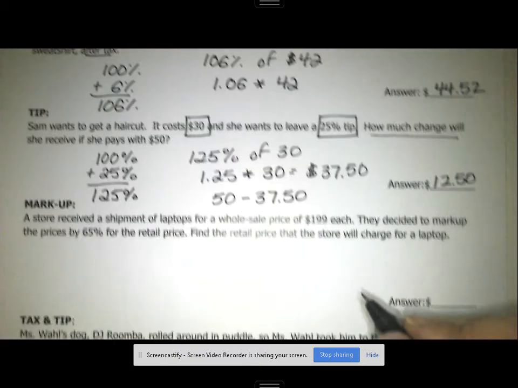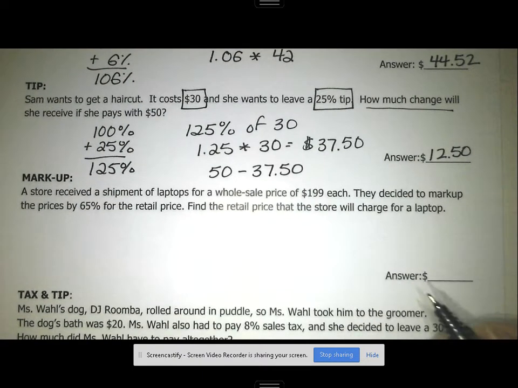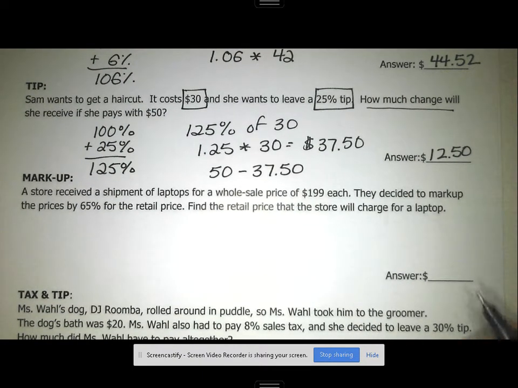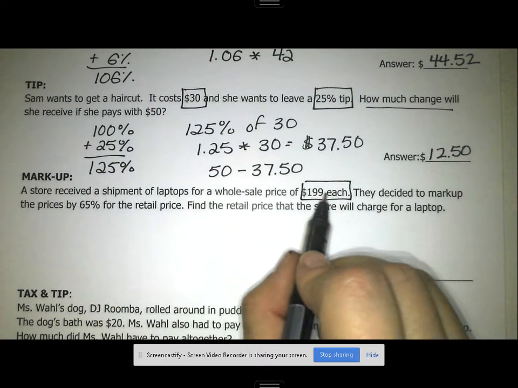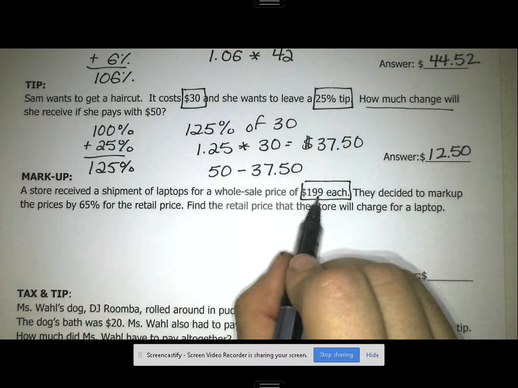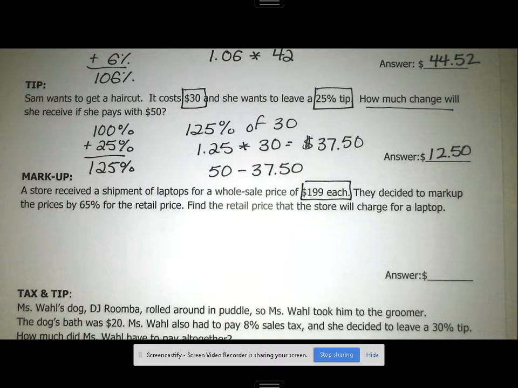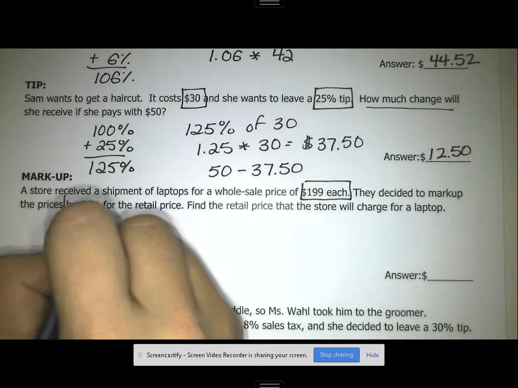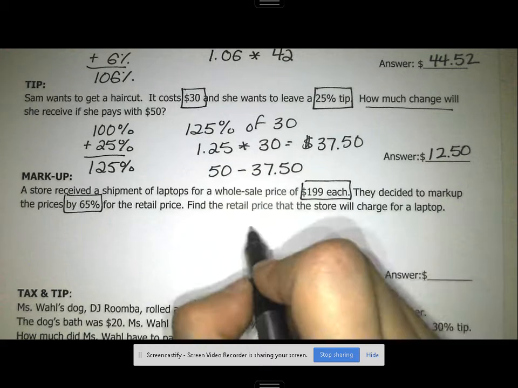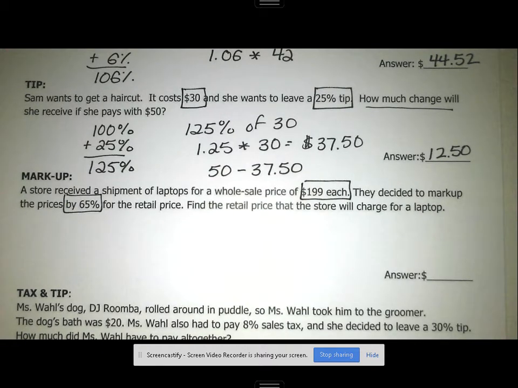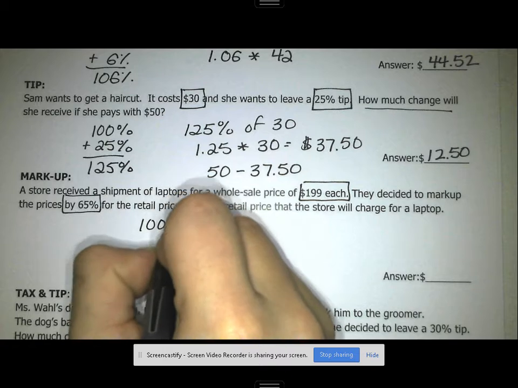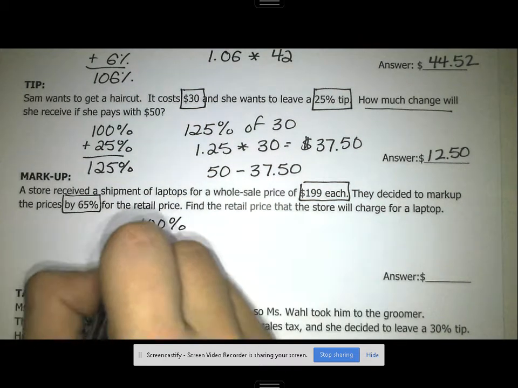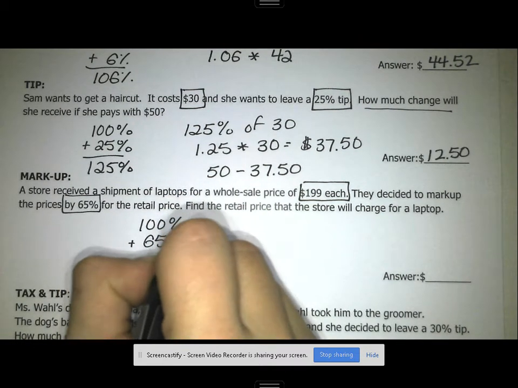All right, now let's go over markup. A store received a shipment of laptops for a wholesale price of $199 each. So that's that really cheap price that a store got because they bought a whole bunch of those laptops. They decided to mark up the prices by 65% for the retail price. Find the retail price the store will charge for a laptop. So the store is going to charge you 100% of their wholesale price, and they're going to mark it up 65% extra.